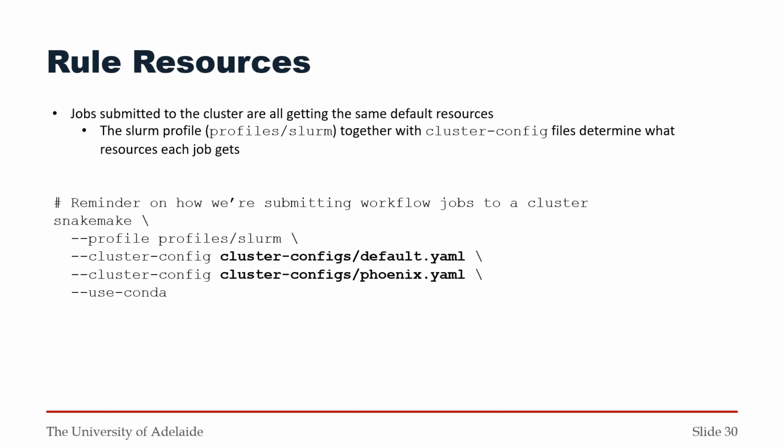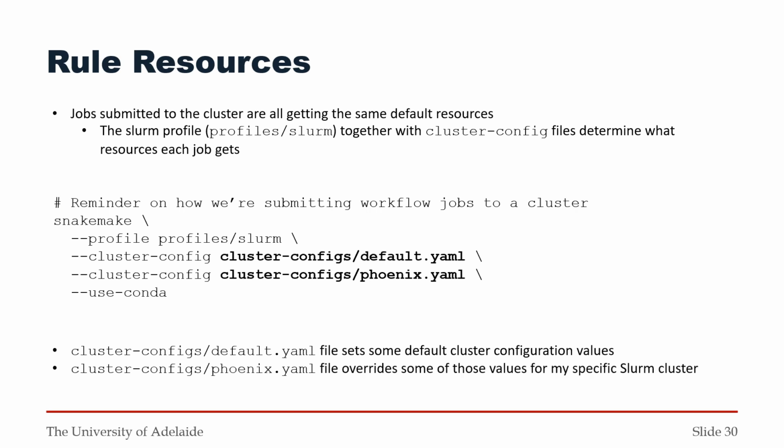So just as a reminder of how we've been submitting our workflow to a cluster, we do it like this. This cluster config default YAML file sets some default cluster configuration values, and if we specify this cluster config argument multiple times, subsequent values will get overridden.